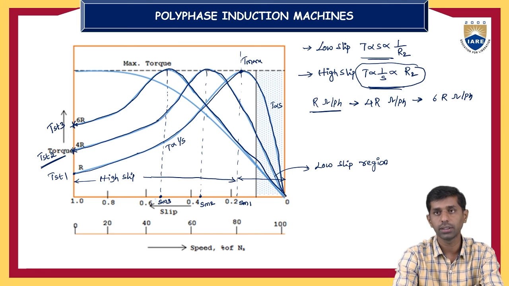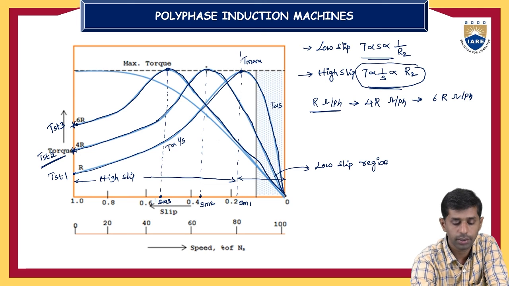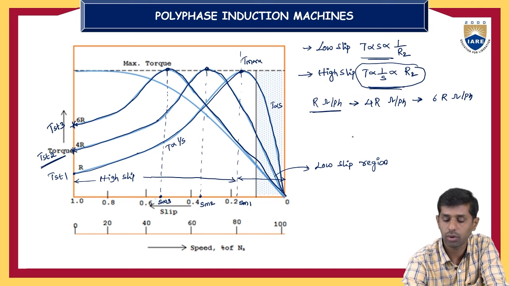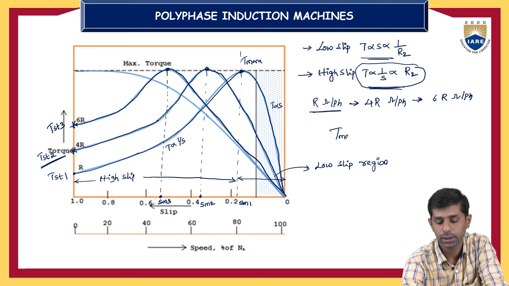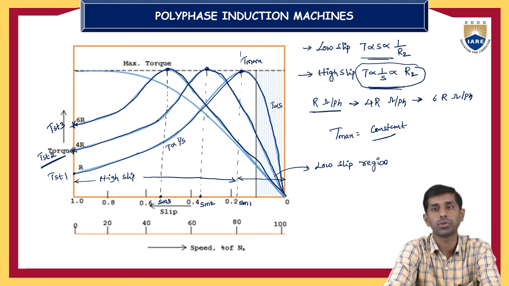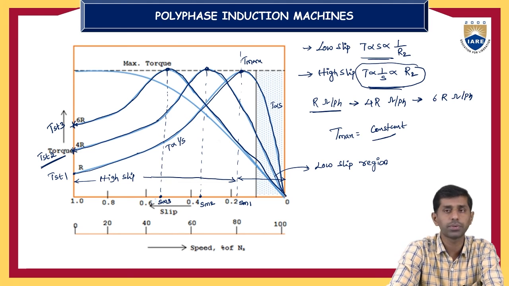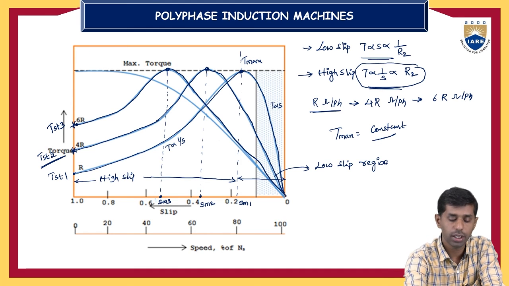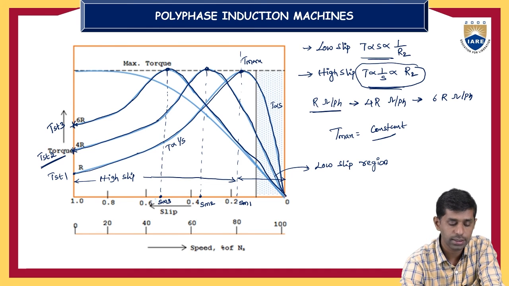If you observe this characteristics graph, the maximum torque obtained from the induction motor is constant, irrespective of your rotor resistance, but the respective slip will change. So T max is obtained when the rotor resistance is R ohms.